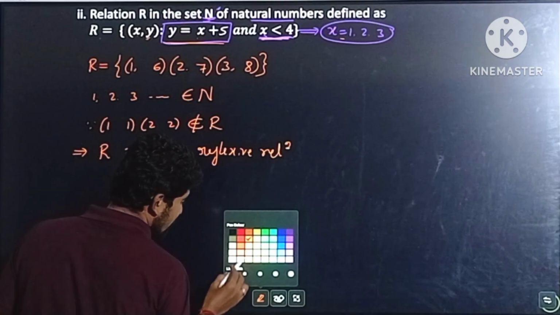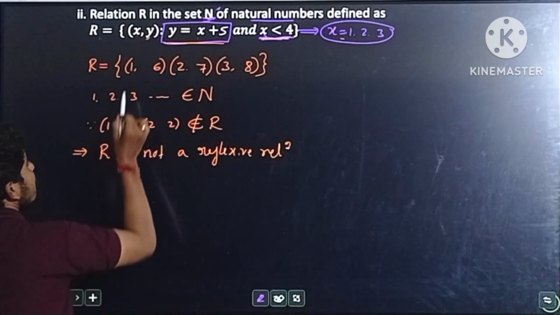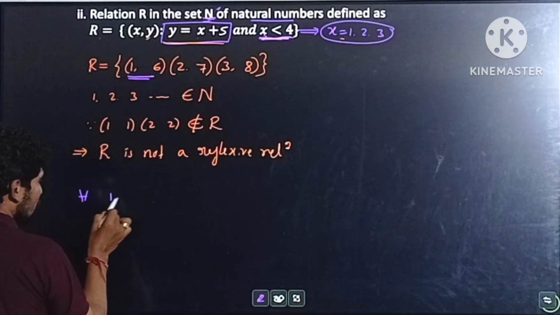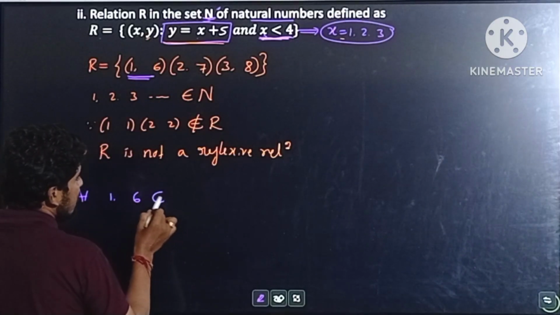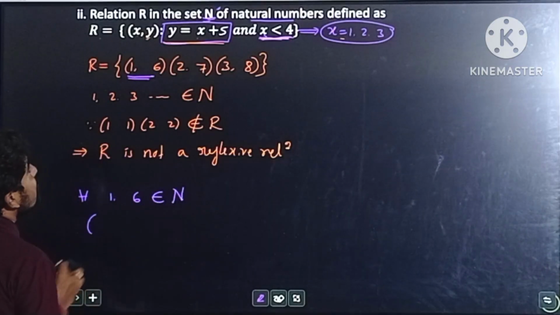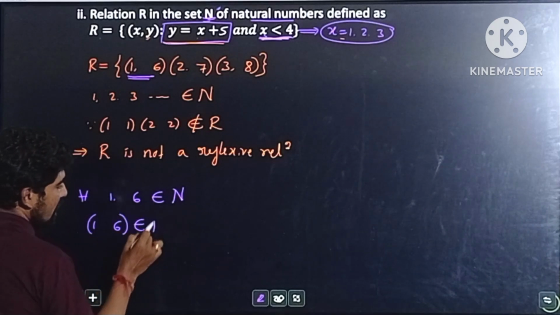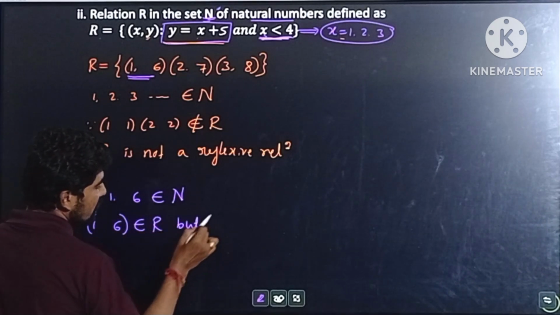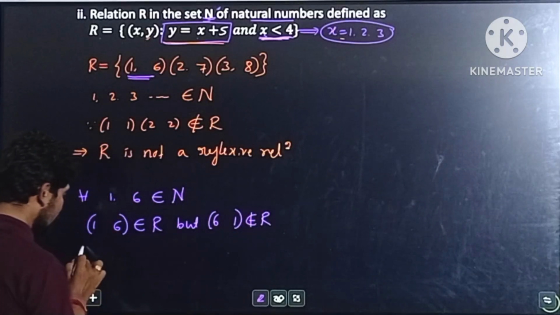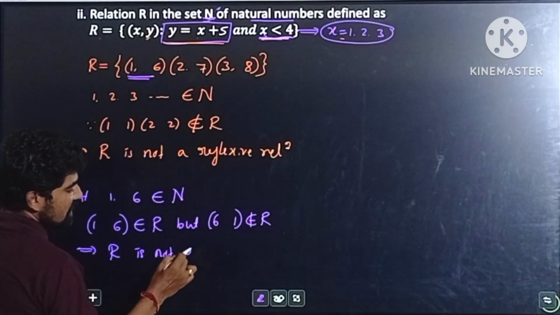And for the symmetric relation, observe here the pair (1,6) is in relation R, for the numbers 1 and 6 in the set of natural numbers, but the pair (6,1) is not in the relation R, which implies this relation R is not a symmetric relation.